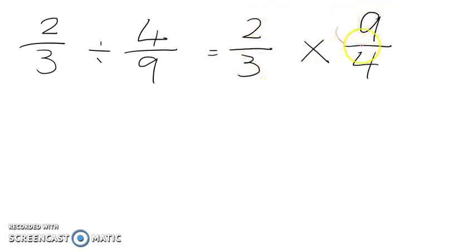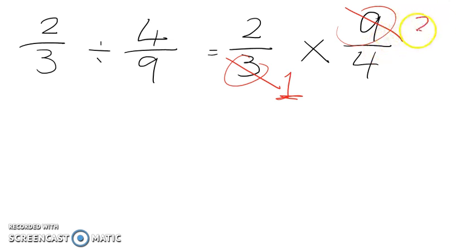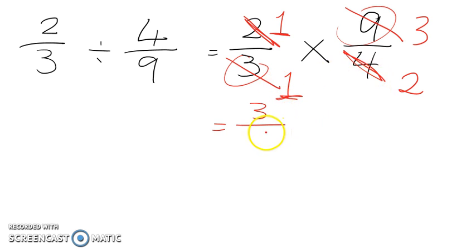We find 3 and 9, I can cancel out by dividing both of them by 3. So 3 divided by 3 equals 1, 9 divided by 3 equals 3. And 2 and 4 can both be divided by 2. We get a 1 here and a 2 here. So with all that's left, 1 times 3 equals 3, 1 times 2 equals 2. And the answer would be 1.5.